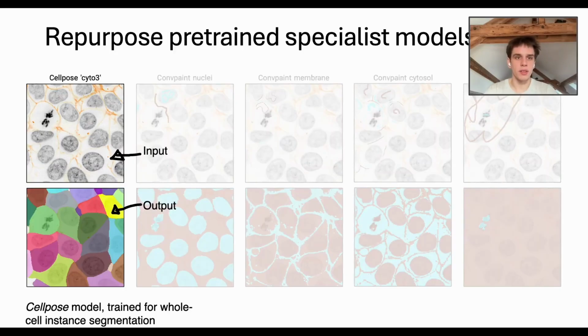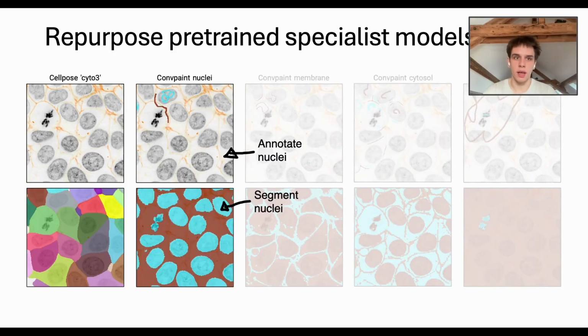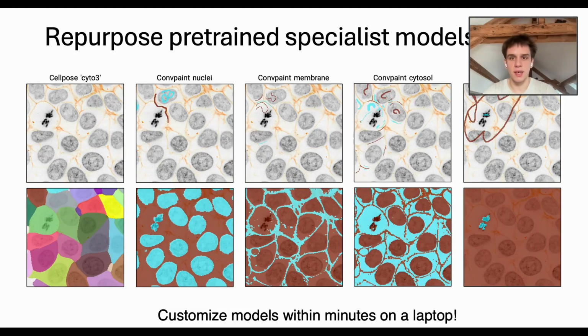And using this tool, we can retrain it within a couple of seconds to instead predict only the nuclei, or only predict the membrane, or only the cytosol, or only the dividing cell in this case. So you're able to repurpose or customize pre-existing models to your specific image analysis task. A big disadvantage is, of course, that you lose the instance segmentation, so you only get class labels and not individual cells. So you get foreground, background, and not cell 1, cell 2, cell 3.